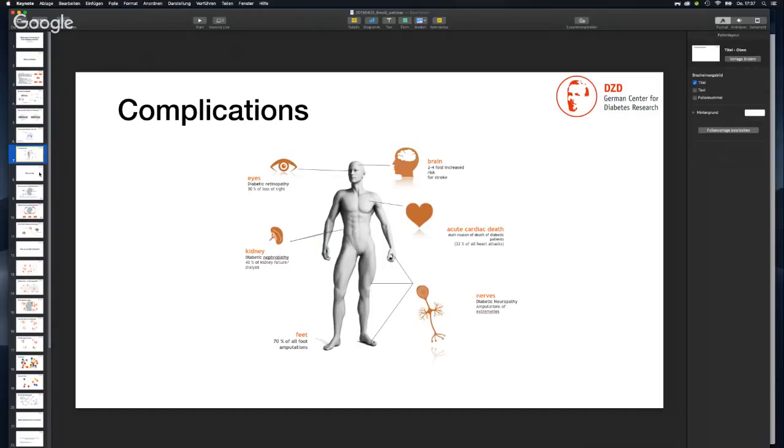When we talk about complications of diabetes, it's usually the case that you have diabetes for several years. You don't feel it in your blood. You don't feel bad, but there are many complications where you see that one person or another dies because of a heart attack or because of a stroke, and that mainly comes from diabetes.